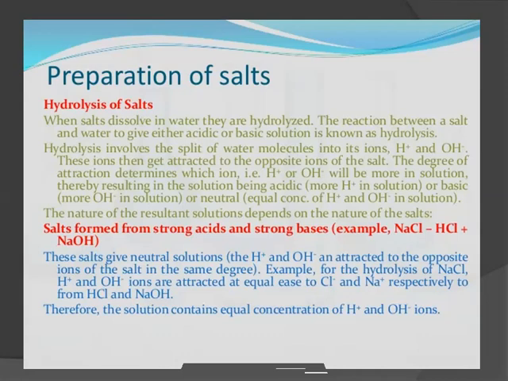Salts from strong acids and strong bases are neutral salts. These salts give neutral solutions, for example, hydrolysis of sodium chloride, where H plus ions and hydroxide ions are attracted equally to these ions, that is, chloride ion and sodium ion respectively, to form hydrochloric acid and sodium hydroxide.